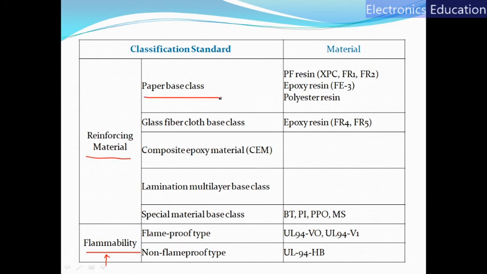Here we have some examples. We have paper based, fiberglass cloth based substrate, composite epoxy materials, and laminated multi-layered glass. Then we have special materials that can be used, flame proof materials, or there are different materials.